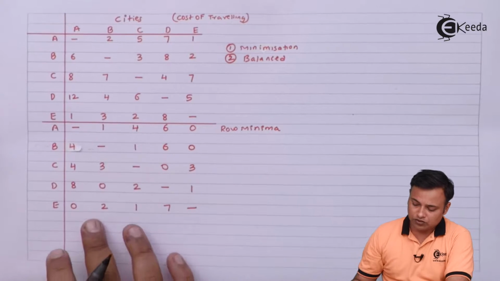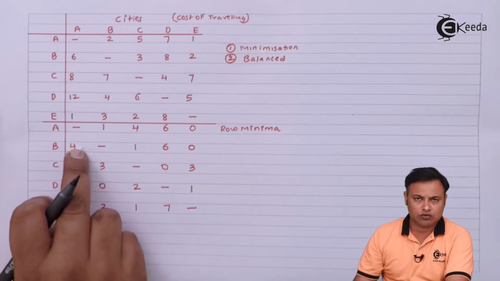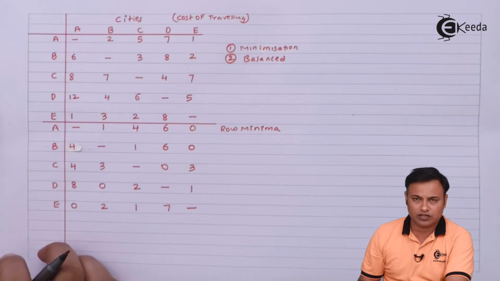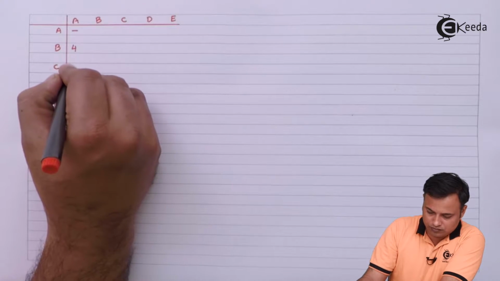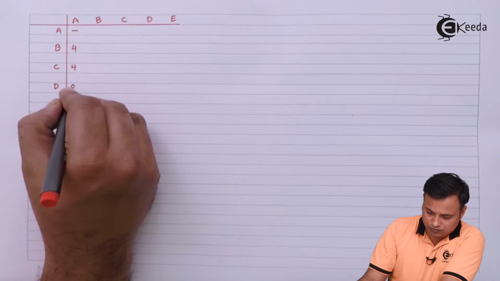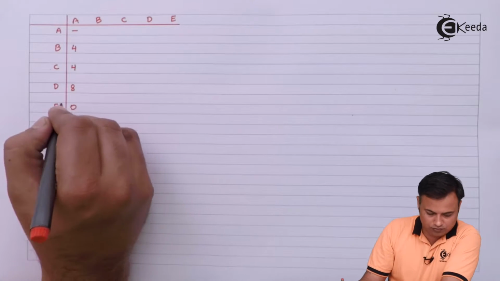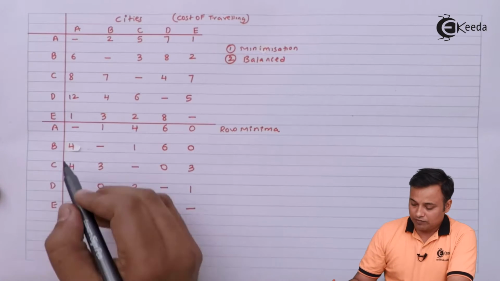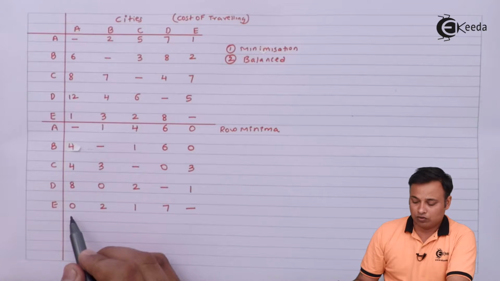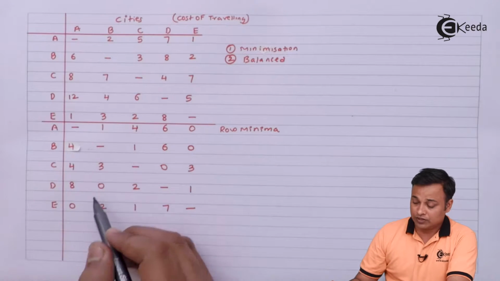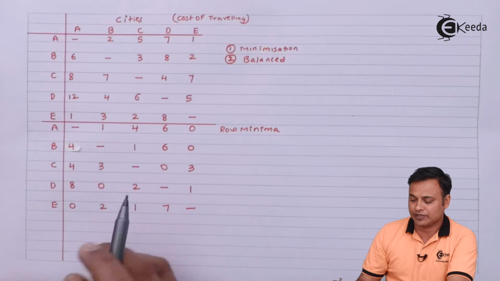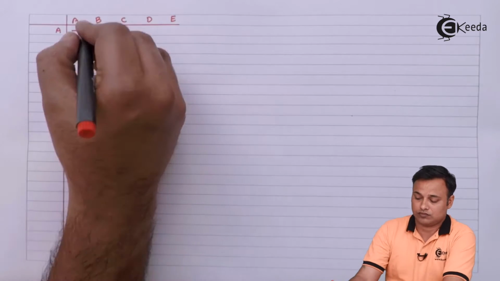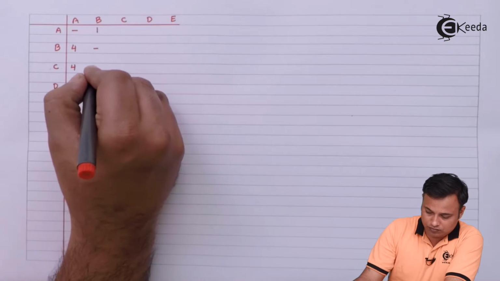In my first column, I have the lowest number as 0, and I will subtract it from all the numbers. I will note down the same column as it is. In the second column, again I have the lowest number as 0, I will note down the same column as it is.